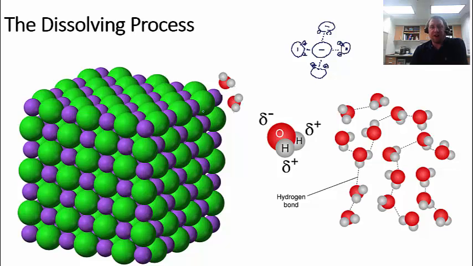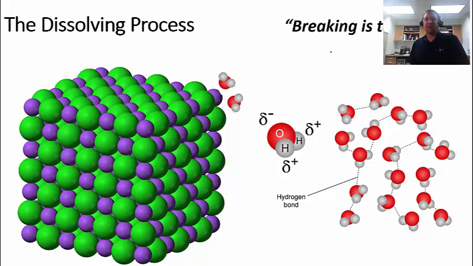So there's really three things that are happening. We are breaking ionic bonds, so we have to break those bonds. We are breaking intermolecular forces, or the hydrogen bonds, between waters, but we are forming new bonds. So there's a couple of things to remember when thinking about breaking bonds and making bonds. This is a very important phrase. It helps you keep it all straight.